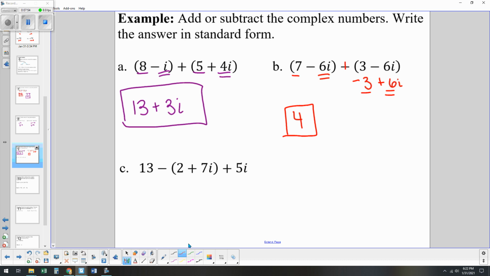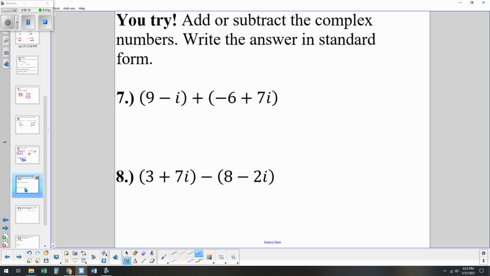And in C, I'm only going to change the signs in this. That's negative 2 minus 7i. So now that's a plus. So if I look at my real numbers, I have 13 and negative 2 is 11. If I look at my imaginary numbers, I have negative 7i and positive 5i is negative 2i. And that's my answer.